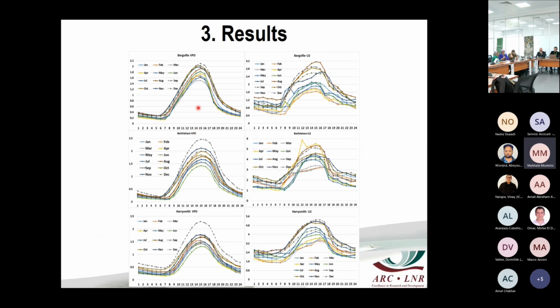The same applies to Bethlehem and to Harrismith as well, more or less the same scenarios.